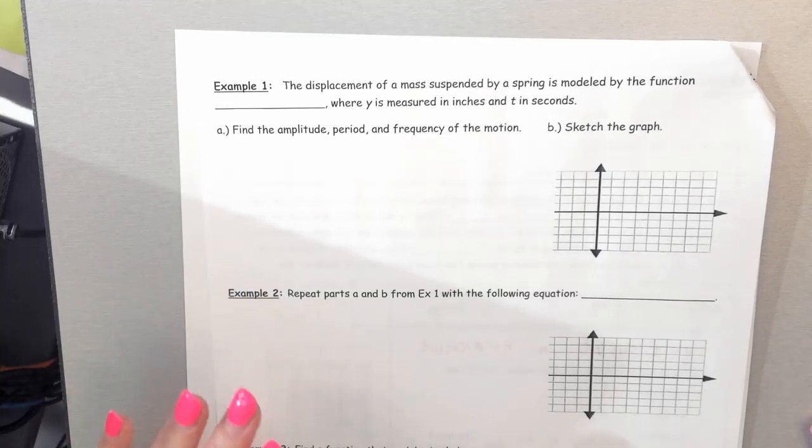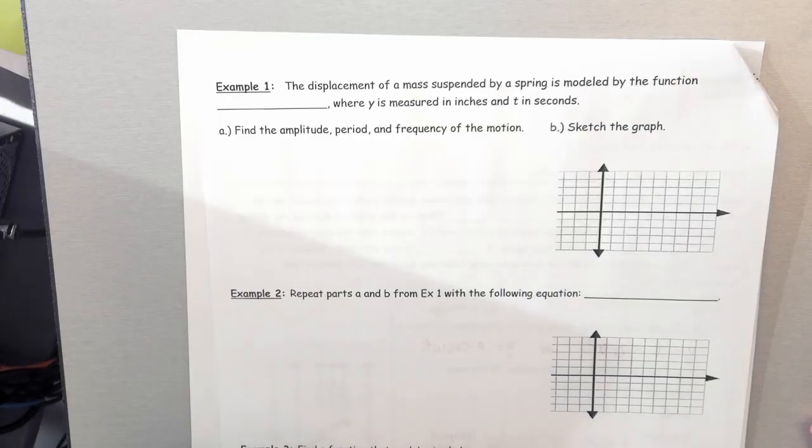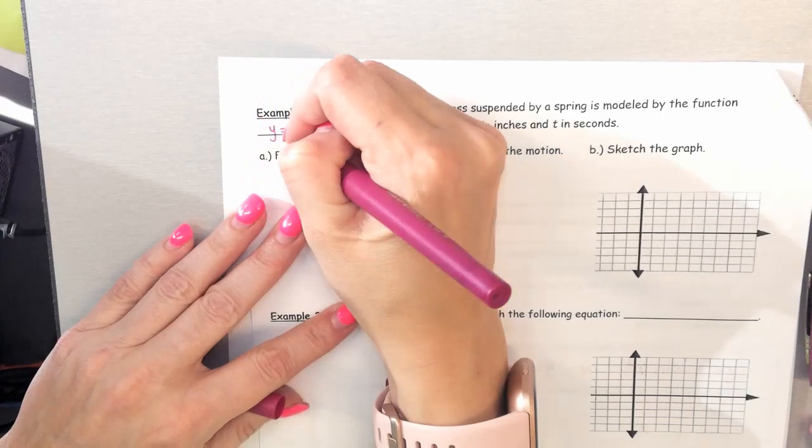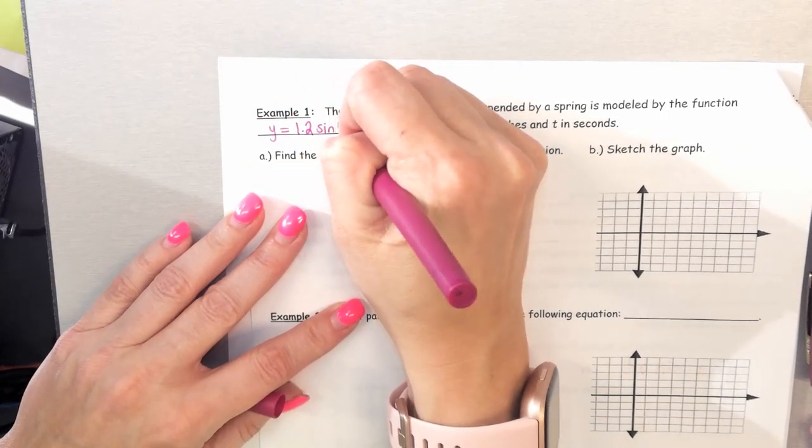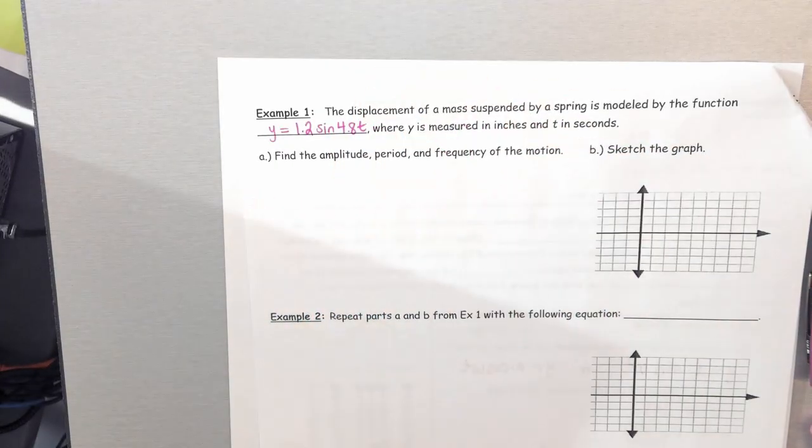So the displacement of a mass suspended by a spring is modeled by the function y equals 1.2 sine of 4.8 t.